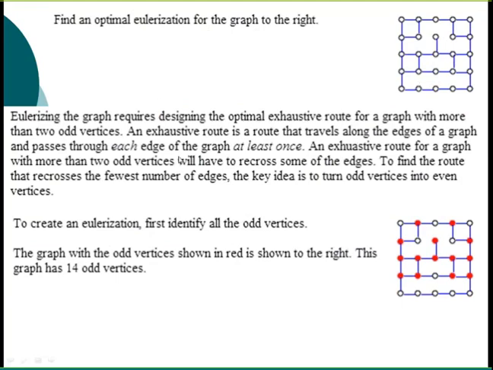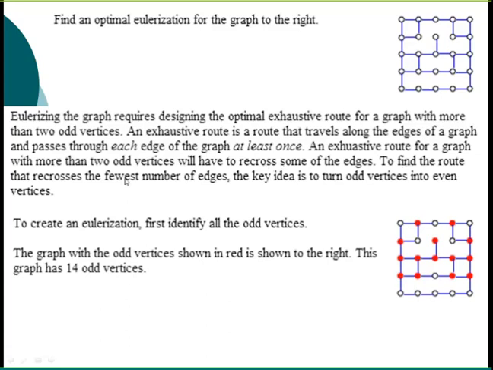Eulerizing the graph requires designing the optimal exhaustive route. So there is a best route to take with more than 2 odd vertices. An exhaustive route is a route that travels along the edges of the graph and passes through each edge of the graph at least once. So this one's allowing us to go twice.